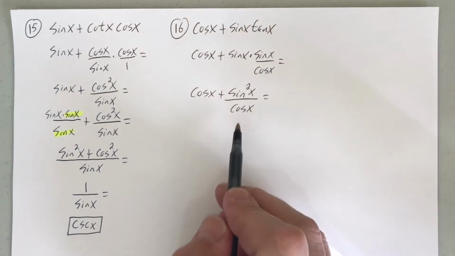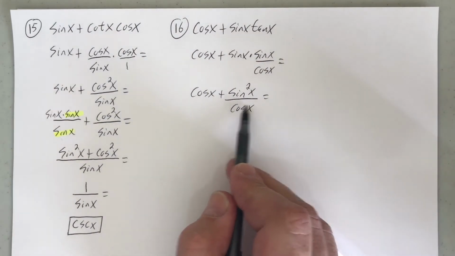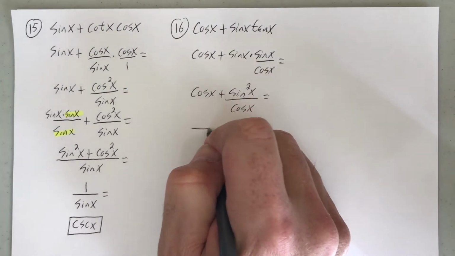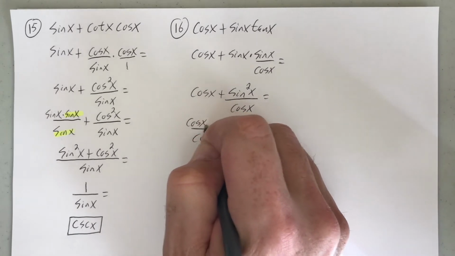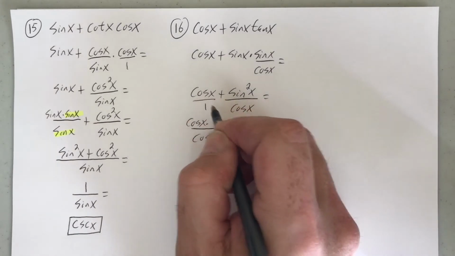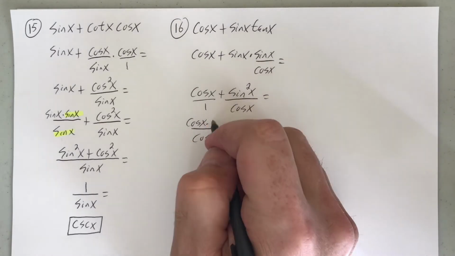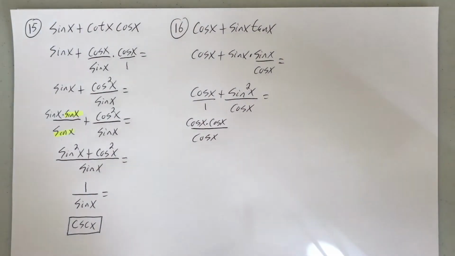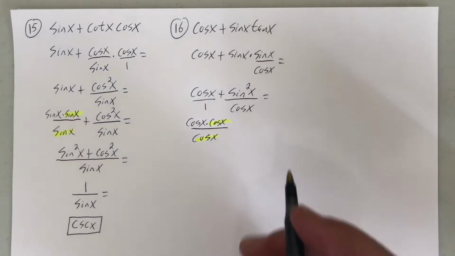And now here my denominator is cosine x, over here with sine x. So this is going to be my common denominator. So I'm going to correct this numerator. If I put it over 1, just so you can see it's the fraction, if I want to have it as a common denominator cosine x, I have to multiply the top and the bottom by cosine x so that I get that common denominator.